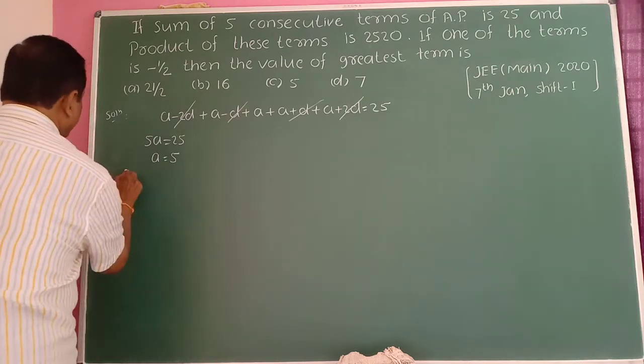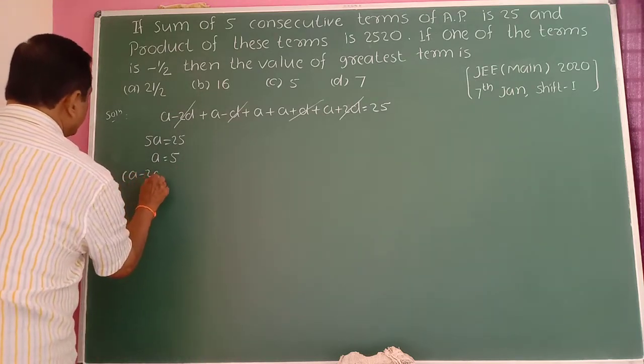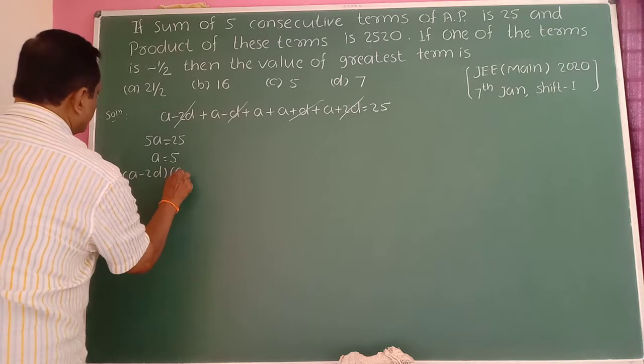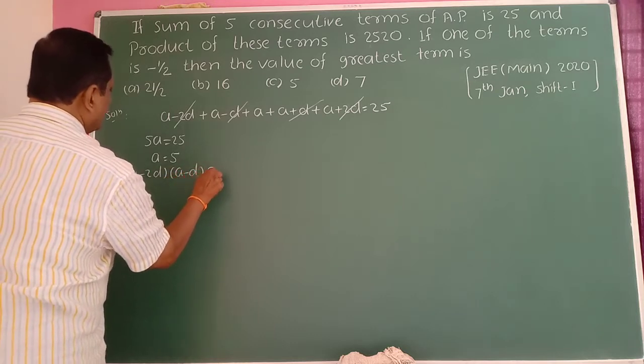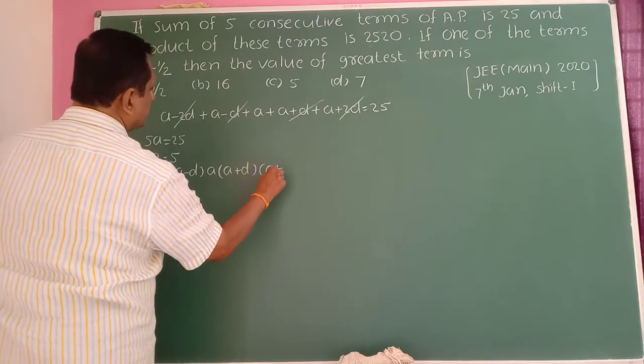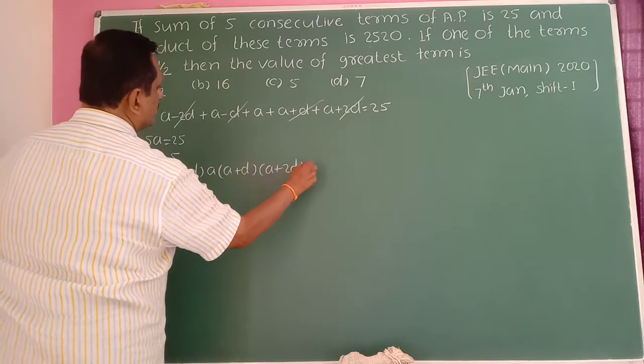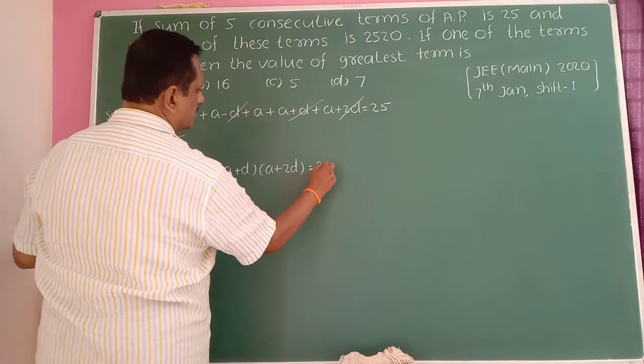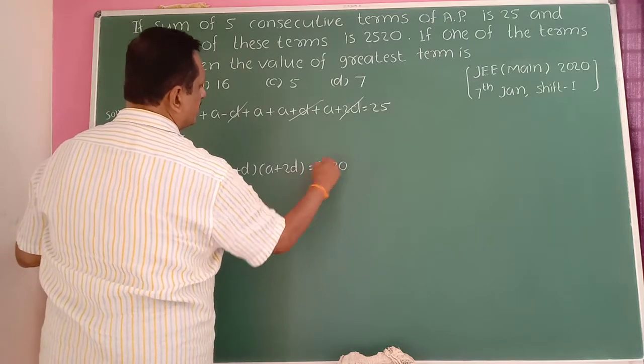And the product: (a minus 2d) into (a minus d) into (a plus d) into (a plus 2d) is equal to 2520.